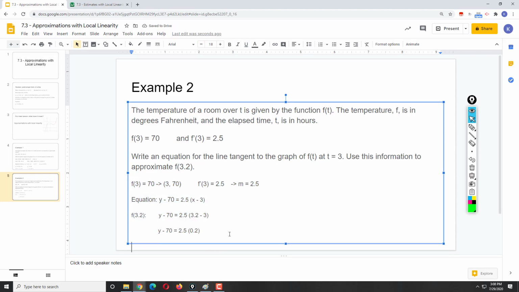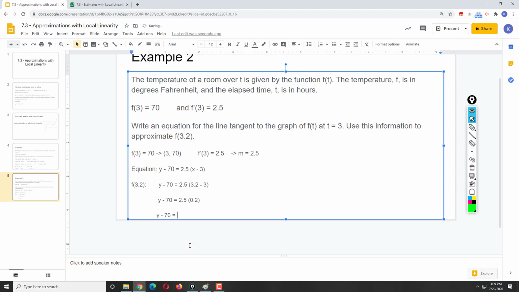So in other words, y minus 70 is equal to 2.5 times 0.2, which is 0.5, because 0.2 is 1/5, and 1/5 of 2.5 is 0.5. This means that y equals 70.5. Of course, it's going to be pretty close to 70, because 3.2 is pretty close to 3. That means that f of 3.2 is approximately 70.5. We're using our linear approximation. Okay, that's it for this video.